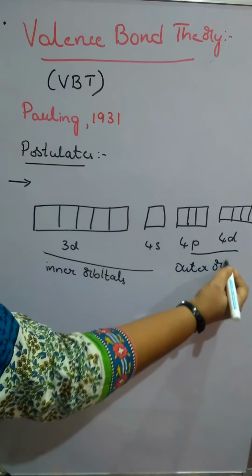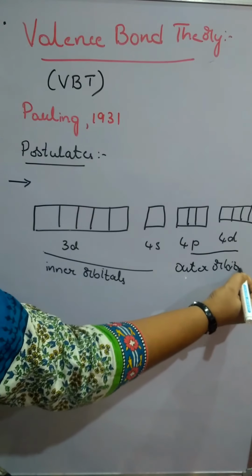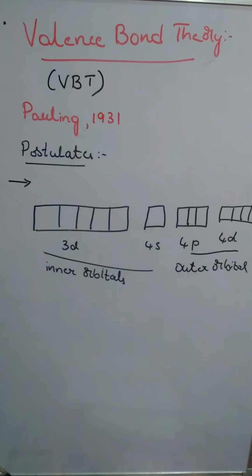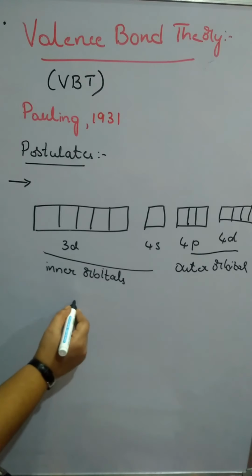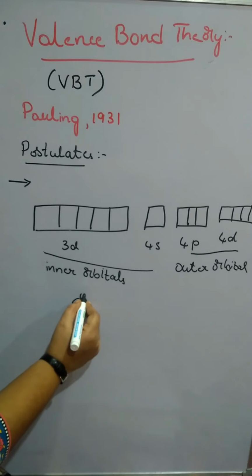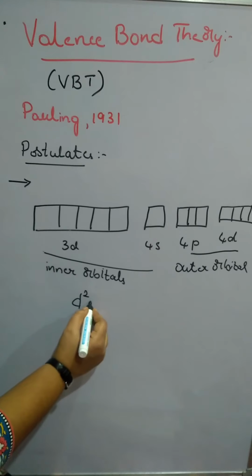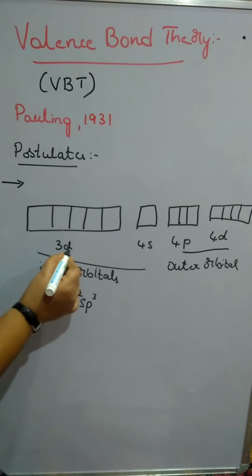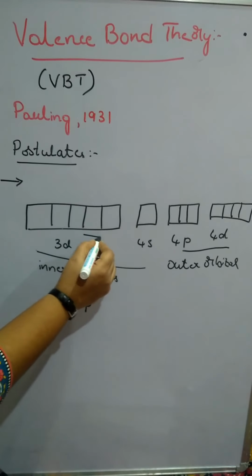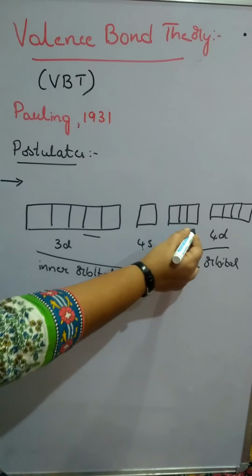We'll discuss this part once again with an example. Inner orbital complex and outer orbital complex. Let me give an example. For an inner orbital complex, the hybridization will be d2sp3. It starts with 3d: 3d2, s and p3.